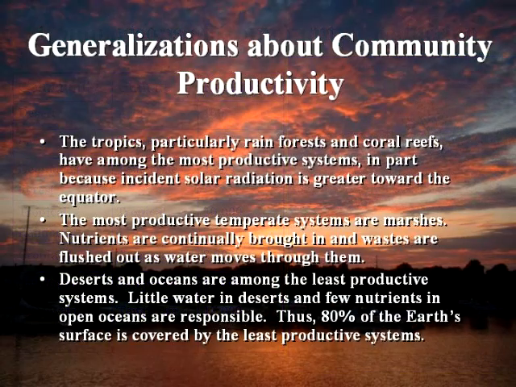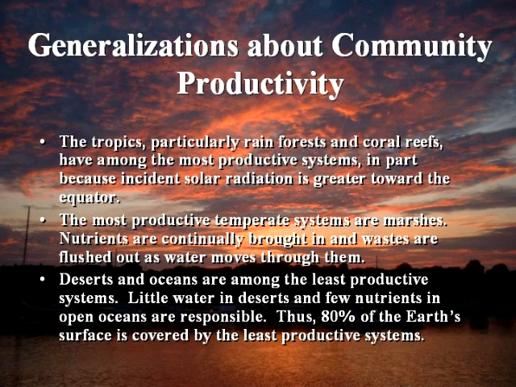So from that table, we can make some generalizations. Wet tropical parts of the world, such as tropical rainforests, are among the most productive ecosystems on Earth. Coral reefs, in terms of marine systems, are also highly productive. These are also tropical systems.